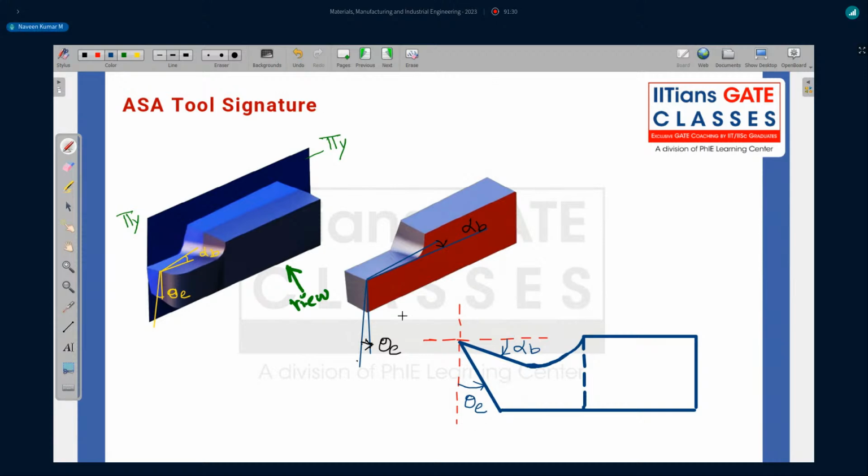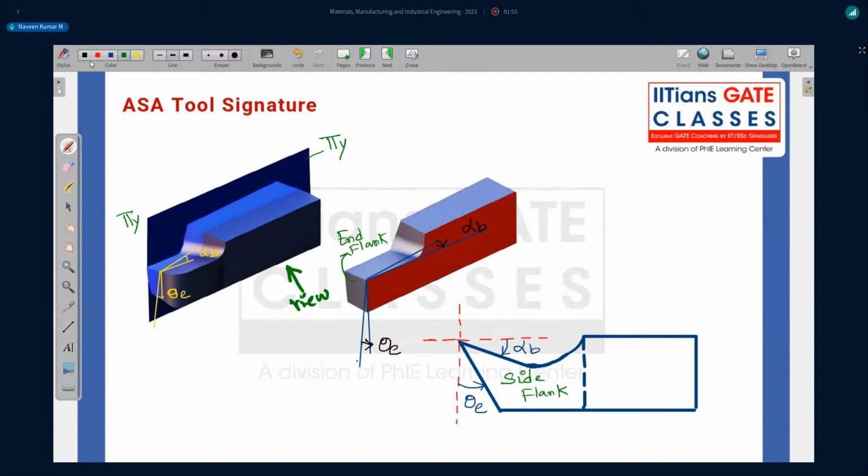So this is your side flank here. Right? And this is your end flank here. The end flank is not visible here. Okay, the end flank is this line. You can see from that line. What are the angles that we can see here?